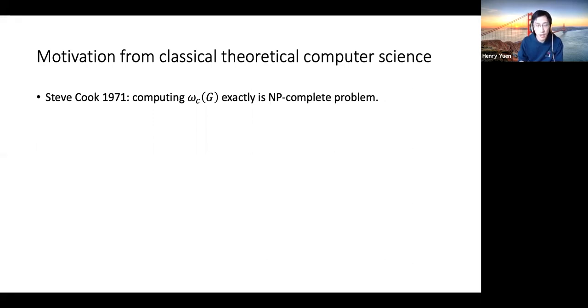So these games are not simple objects. Even to optimize over the set of classical correlations is challenging for algorithms. And he studied the case of computing this value exactly.